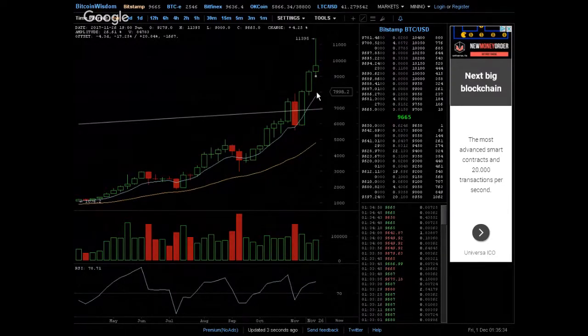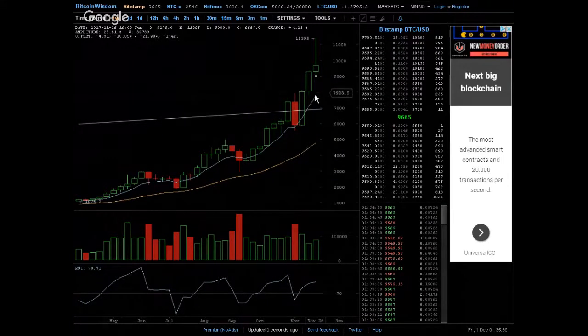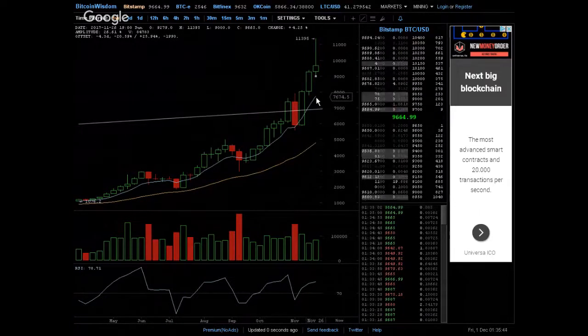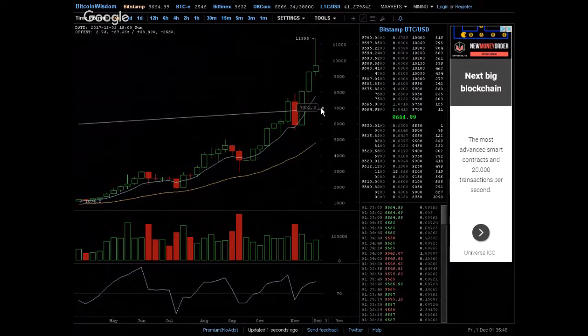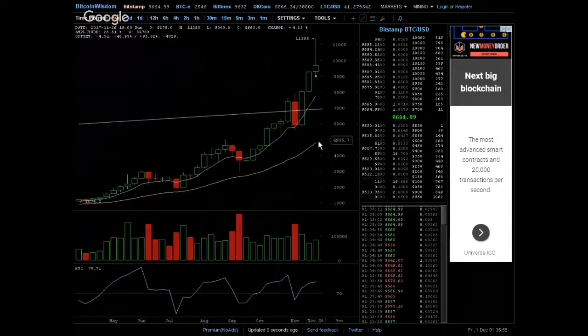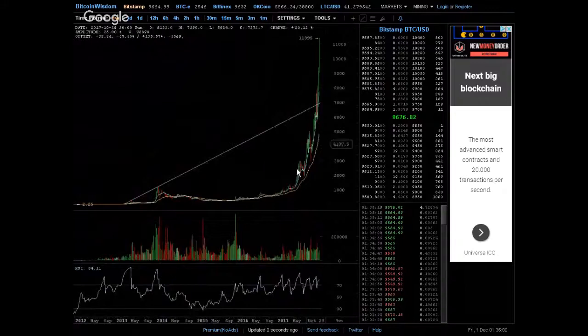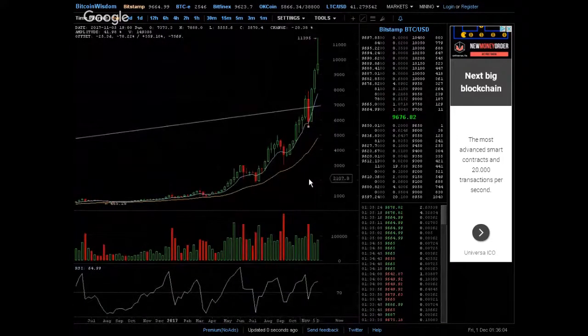If it's going to start turning red, then probably expect to hit this moving average, which is right around 7,600. And then you have this long-term trend line, which is at 7,000. So those are some areas of support. Other than that, you're looking at this moving average, which is at around 5,000. But overall, if you look at this chart, we're still up quite a bit.